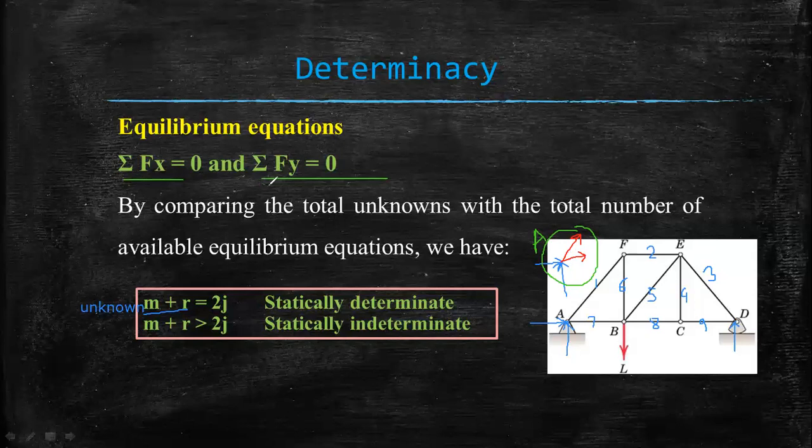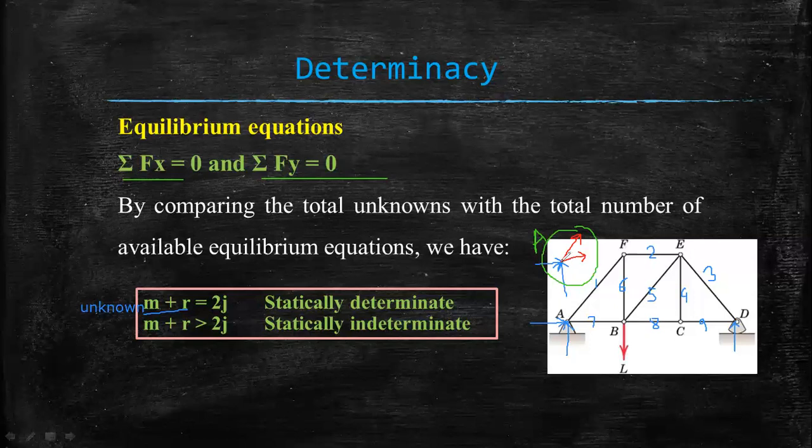We also have another equilibrium equation, sum of moment equals 0, but it does not have any contribution in this particular case, because when we are considering one particular joint, you can see that all the forces are concurrent, that is, all the forces go through this one single point. If we take moment about this point, what will the moment be?